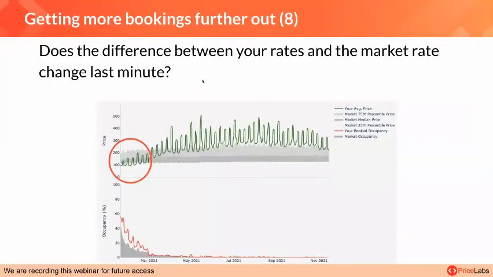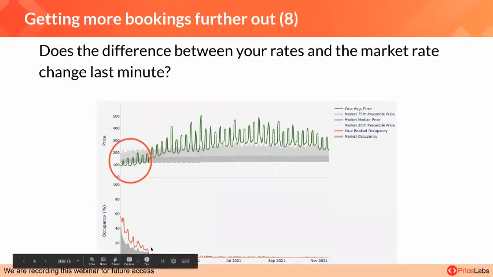So the next thing to check is, does the difference between your rates and the market rate change last minute? Here, what we see down below, our occupancy, which is this red line, so this is my portfolio's occupancy, is outpacing this specific market for these dates up until March. So we're essentially getting more bookings than our fair share of the market until these March dates.